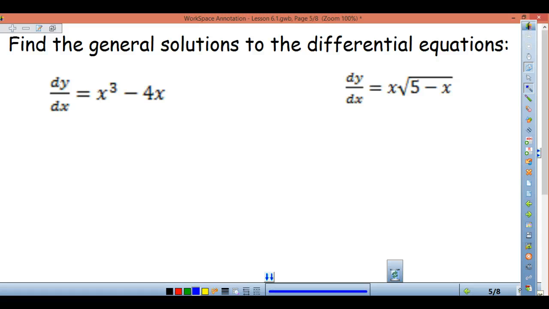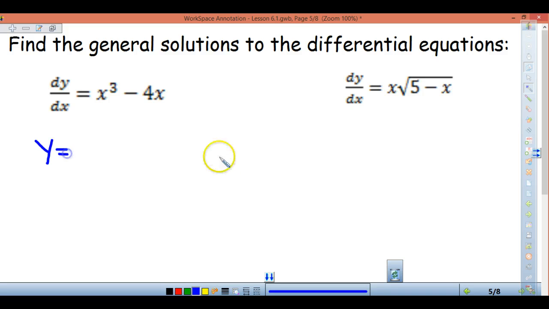So then, besides verifying, perhaps they say to find the general solutions to the differential equation. So if I know something's derivative is equal to x cubed minus 4x, I want to take the antiderivative to get the original equation or the original function. Not all of these will be functions.